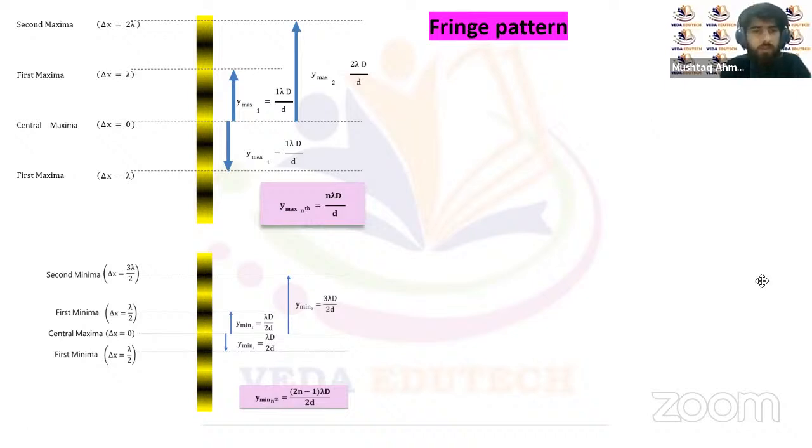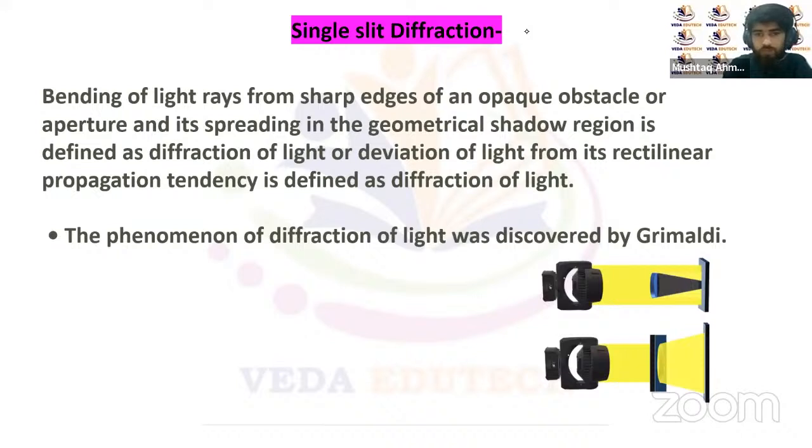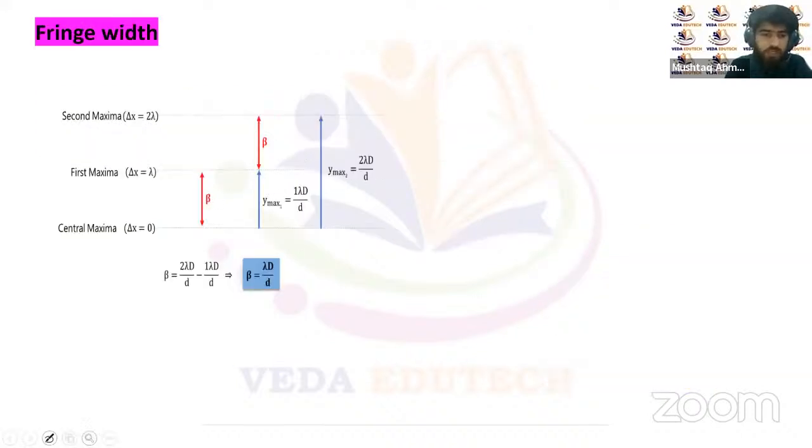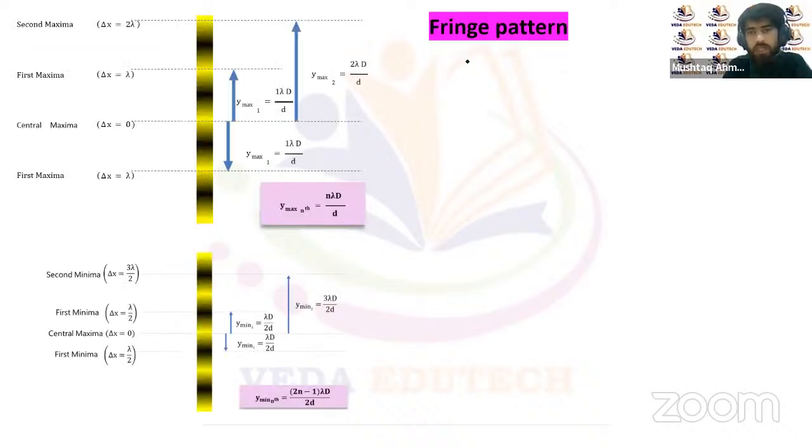For the constructive interference, the bright fringe will occur, and for the destructive interference, the dark fringe will occur. So you can see here delta x was equal to y d upon D. Now for the constructive interference, or for the bright fringe to occur, the path difference should be n lambda.